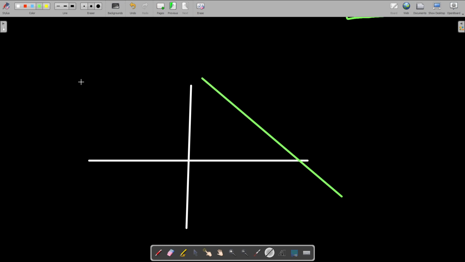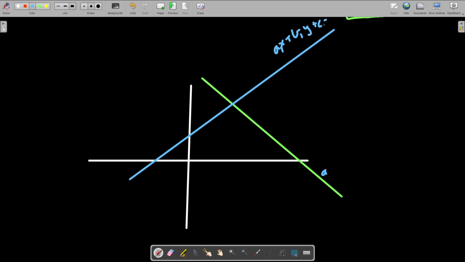This is one line and this is another line, which I'm trying to work out over here. So this was my a1x plus b1y plus c1 is equal to 0. Now you will understand the relationship between this.